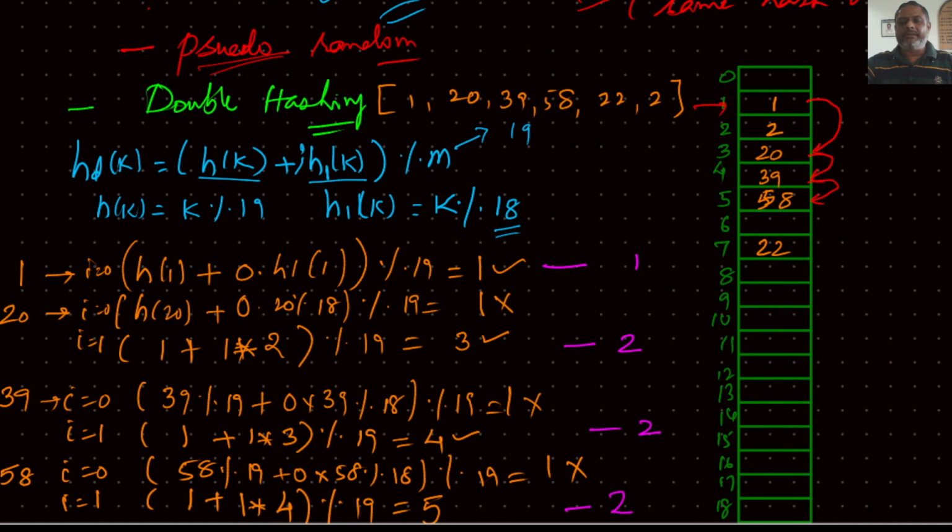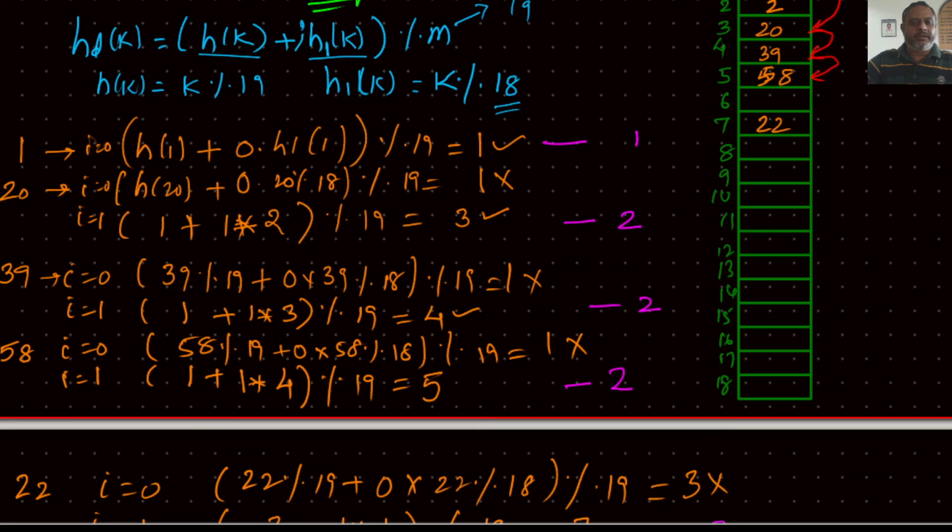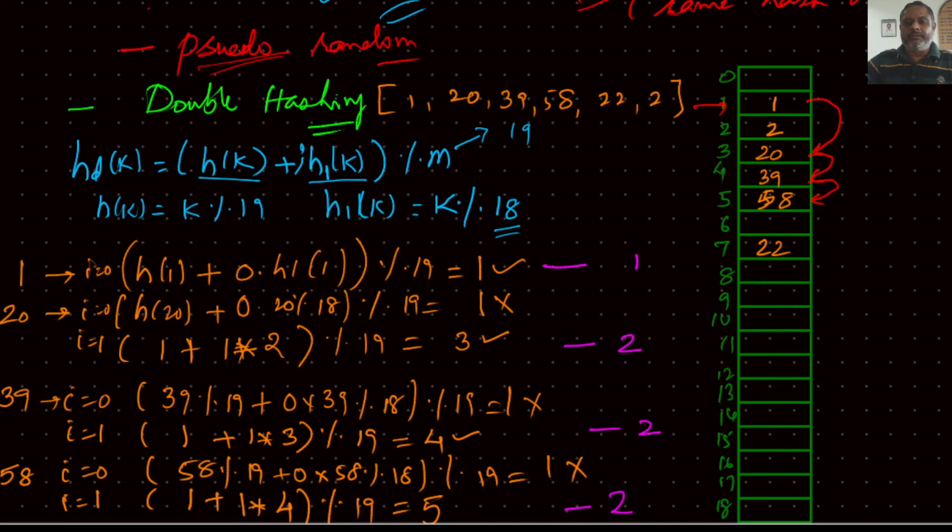And this has nothing to do with the value of I. This is something to do with the value you are trying to add. So instead of adding 39, if you are trying to add 40, then 40 mod 19 would have gone at location 2.